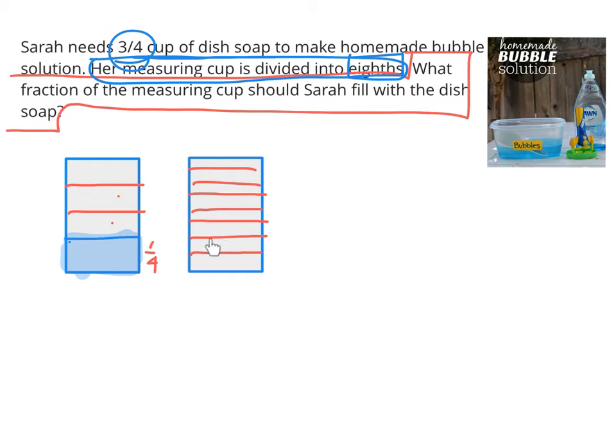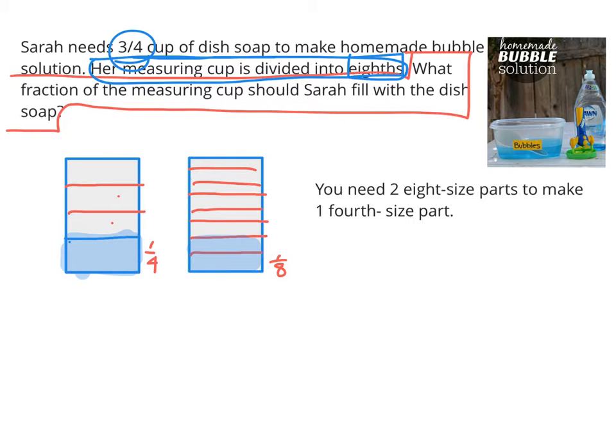So you could see that it takes 2/8 to make 1/4. So we need 2 parts to make 1/4. So if one part is 1/8, 2 parts would be 1/8 and 2/8. Therefore, you need 2 eighth-size parts to make 1 fourth-size part, as we can see here.